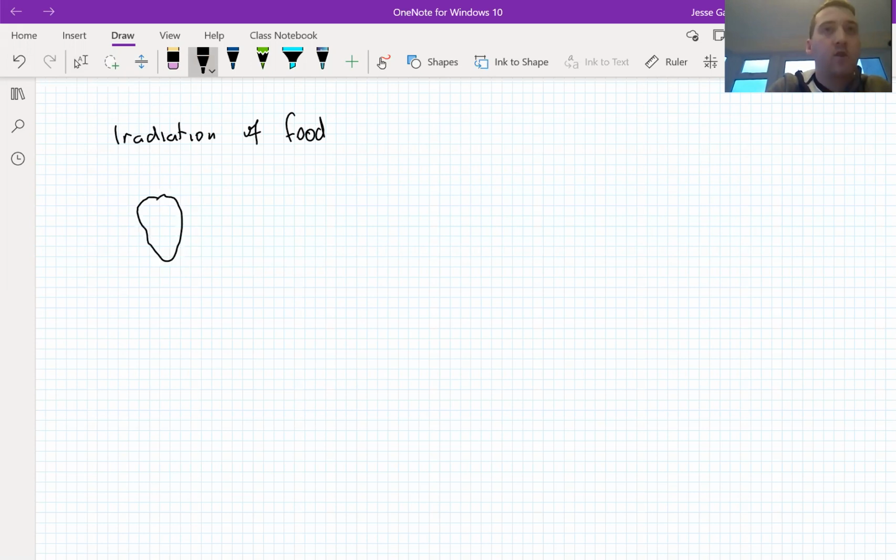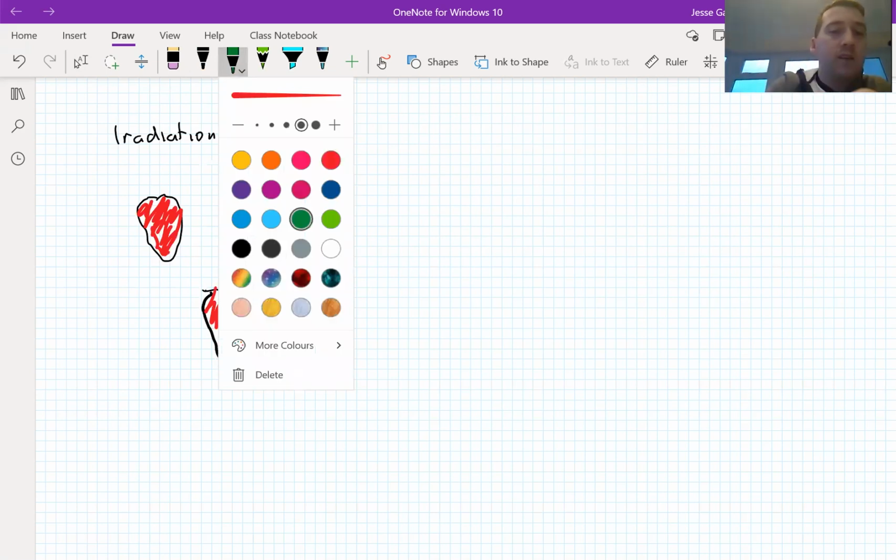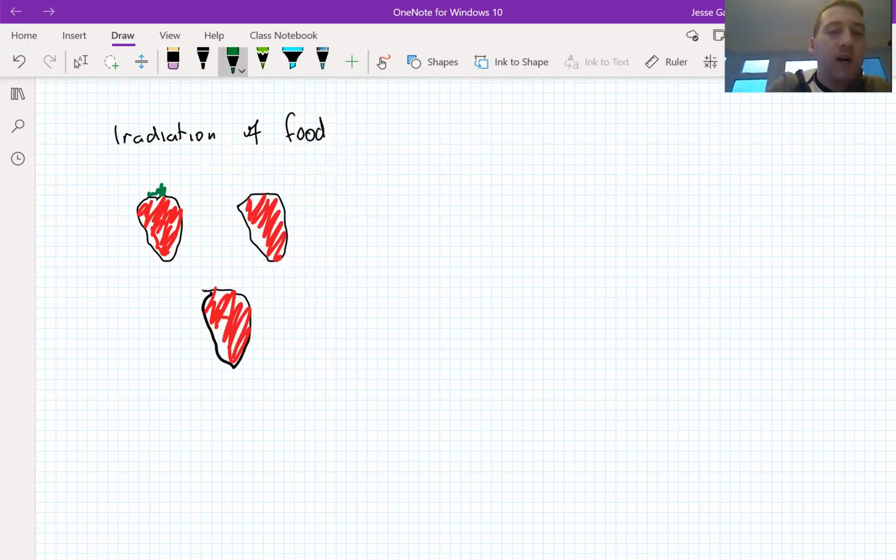All right, these are supposed to be strawberries. You have to forgive me. Okay, so these are strawberries, believe it or not. I'll color them in red really quickly. These are three strawberries, and we'll give them little green tops. And they don't look too bad now.